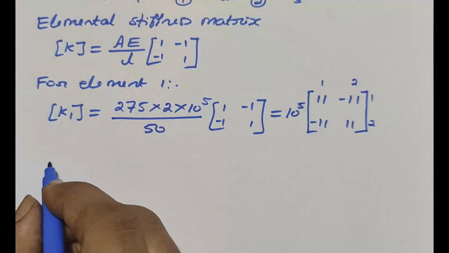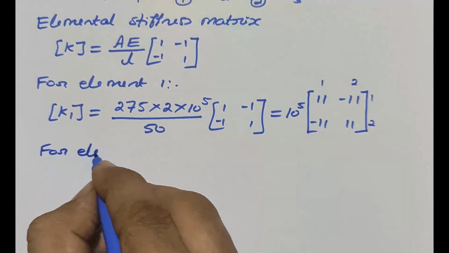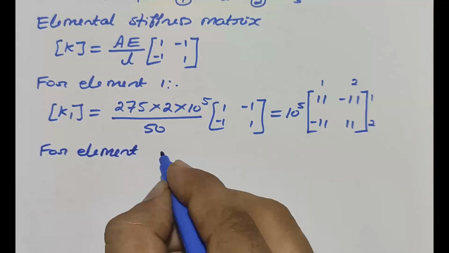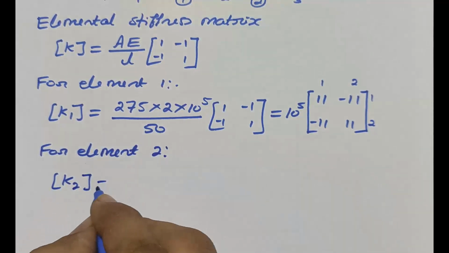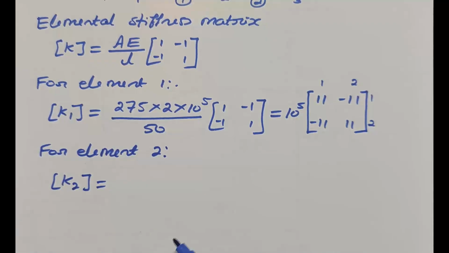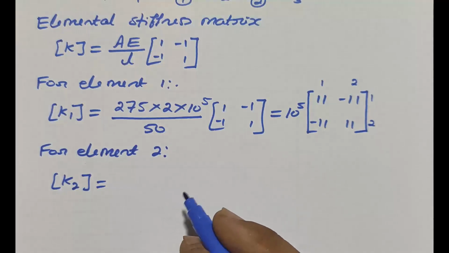Next, elemental stiffness matrix for element 2. For element 2, K2 is A2 area, it is 2.25 centimeter square. If you convert it into mm square, it becomes 225.